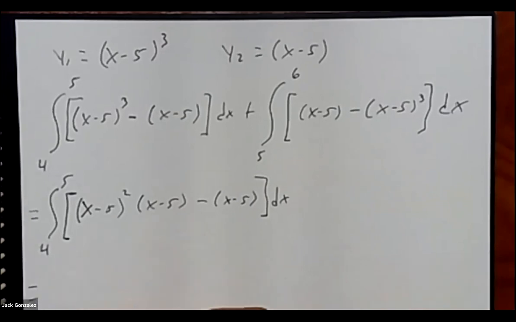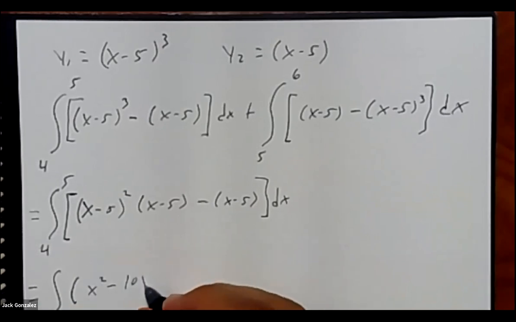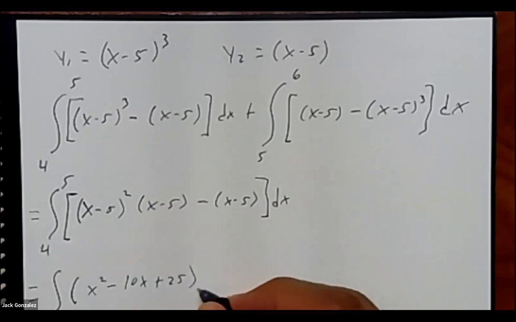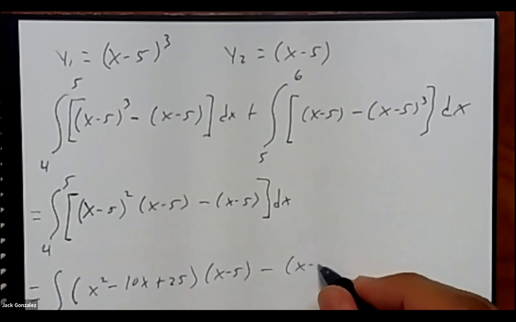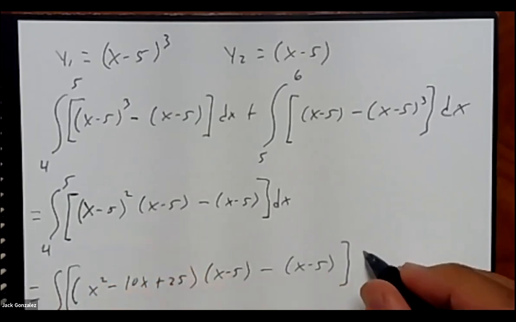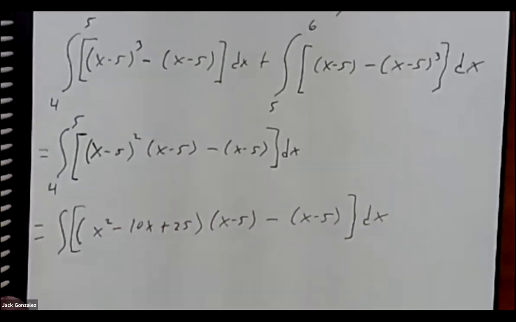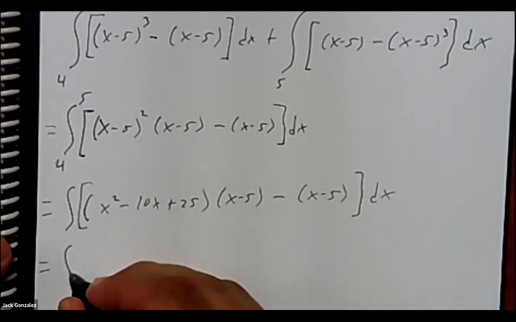So that's gonna be x squared minus 10x plus 25 times x minus 5 minus x minus 5 dx. I'm going to multiply that again.